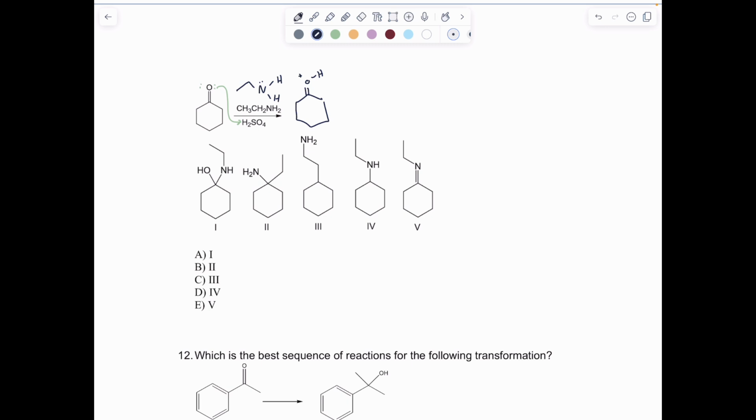And as I showed earlier, this has a resonance structure where the carbonyl carbon becomes positively charged. So when you do that, the nitrogen is able to use its lone pairs to attack at the carbonyl carbon and push one of these double bonds up onto the oxygen. And that product is going to look like this.